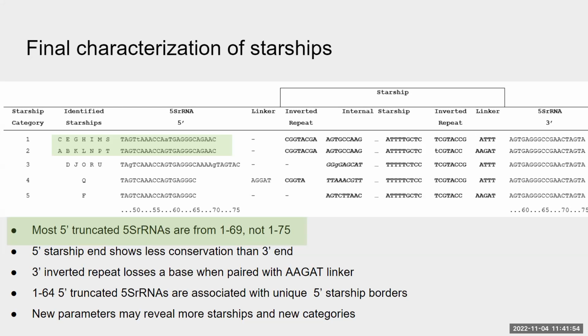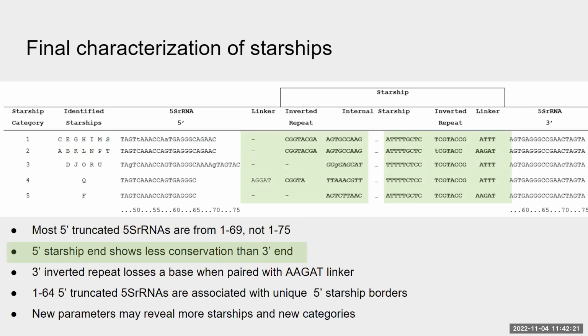In our original parameters using BLAST, we searched for 5S's that went from 70 to 80, thinking we would capture the 75. But after using IGV and really diving in base pair by base pair, we found that these actually go to 1 to 69, most of them. So we had to go back in and do some more research.